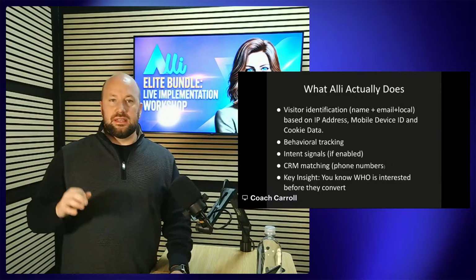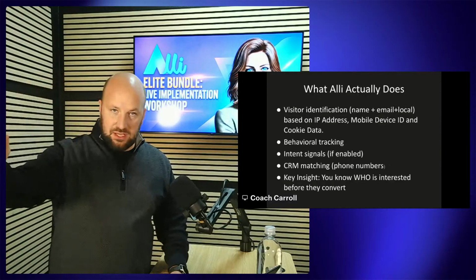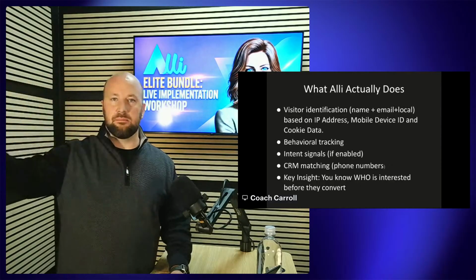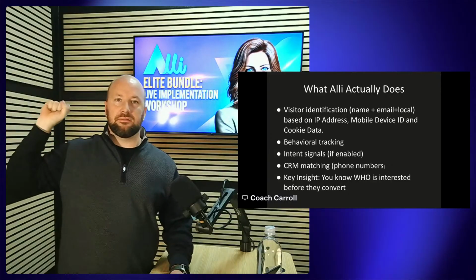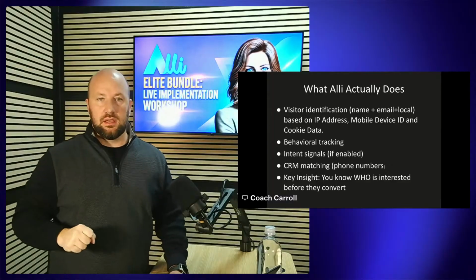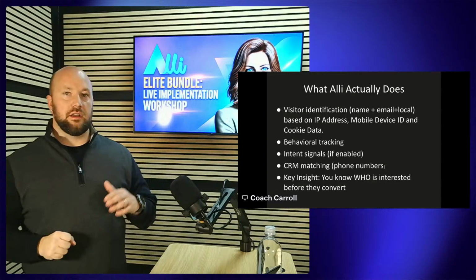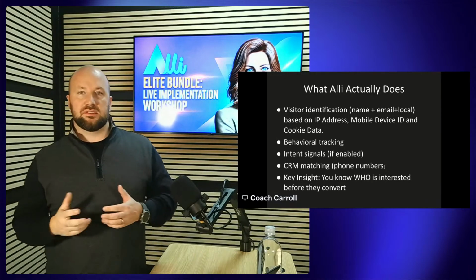Now, what I'll tell you is sometimes in Alli you'll notice we identify based on IP address. If someone's on a desktop and they ping in, we might identify the wife if her name is on the Wi-Fi, the internet service provider. Or we might identify the husband, and you've got somebody in your CRM with that cell phone number, right?